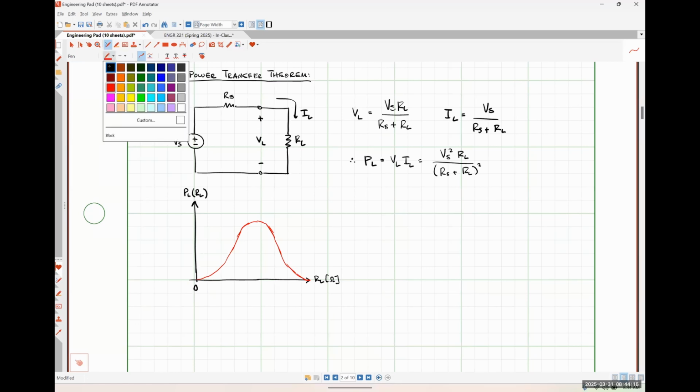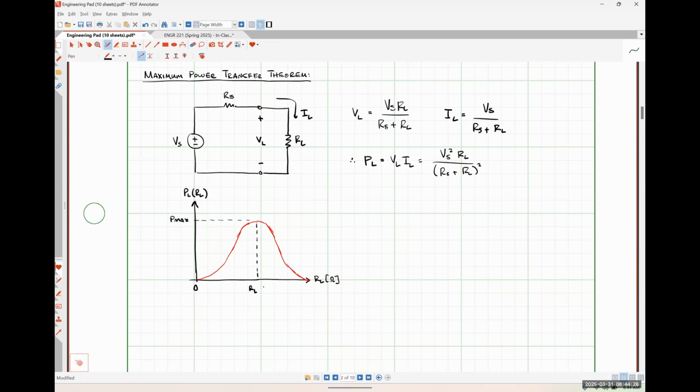So this is our maximum power. This is RL equal to question mark. And our ultimate goal here is to figure out what value of resistor in our load resistor position causes maximum power transfer to occur. So anybody have any thoughts on how we might sort that out?